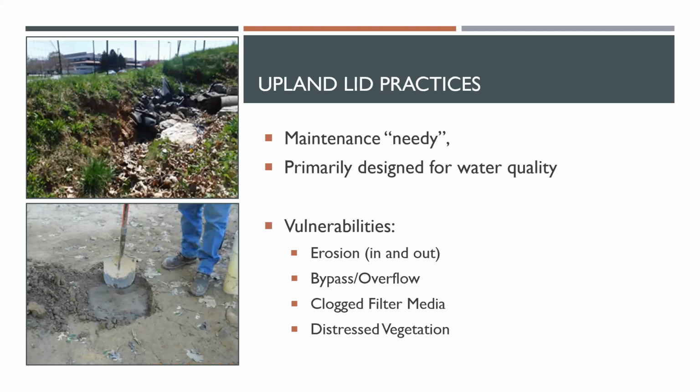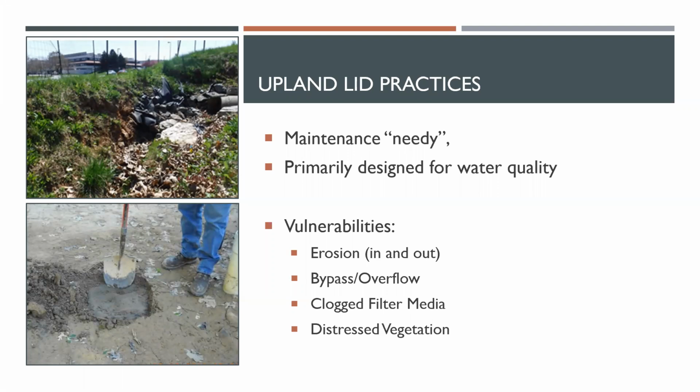They're not meant to handle that 100-year storm event. But because of that, they have quite a few vulnerabilities to large, intense events. And that's erosion, both at the inlet and at the outlet of these practices. They are really subject to bypass and overflow because of the way that they're designed and the intention to capture those water quality events.